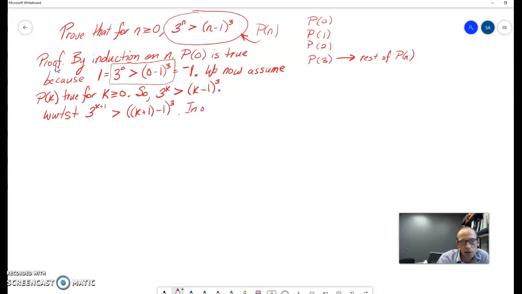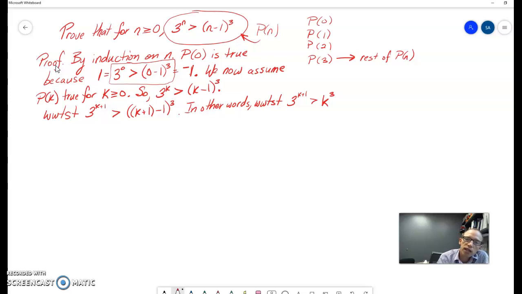In other words, I'm coming in from the finish line and bringing it closer to the starting line. I'm rewriting this statement so that if I get there, I know that I'm done with the proof. Since it's plus 1 minus 1, what we really need to do is show that 3 to the k plus 1 is greater than k cubed.